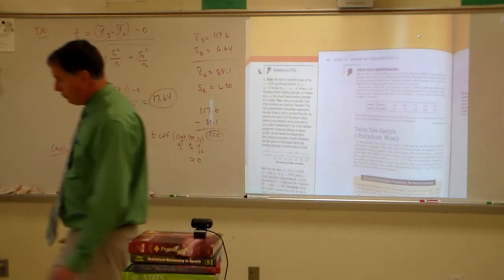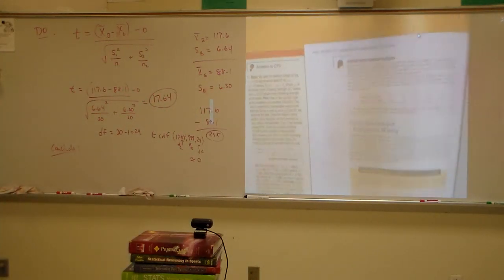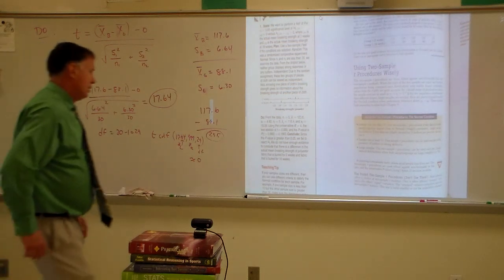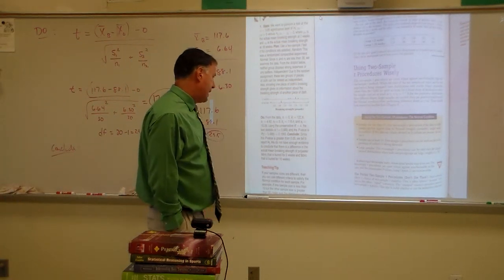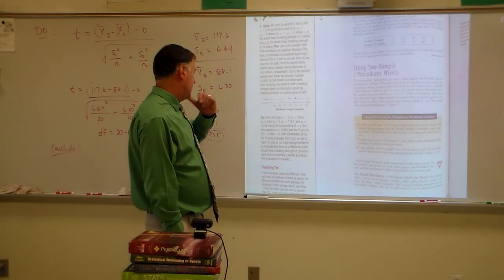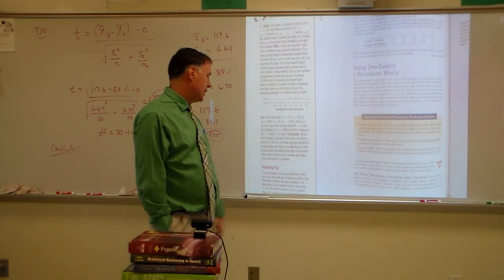So, let's look at what they say here. Let's finish this up. From the data, they got a t-score of 0.989 and a p-value of 0.1893.